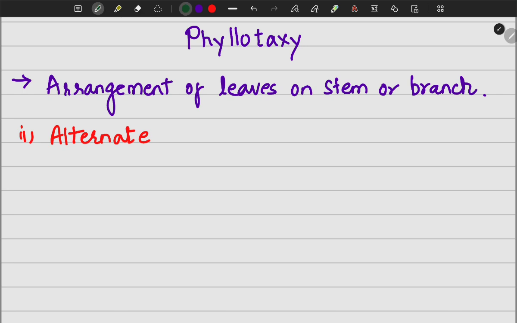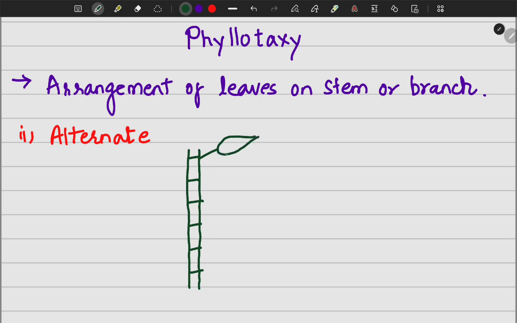In alternate type, suppose this is the stem, and the stem has nodes from where the leaves will develop. So what happens in the alternate type, a single leaf arises at each node in an alternate manner.